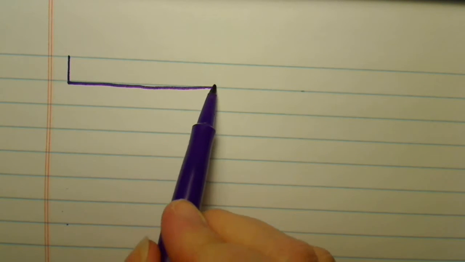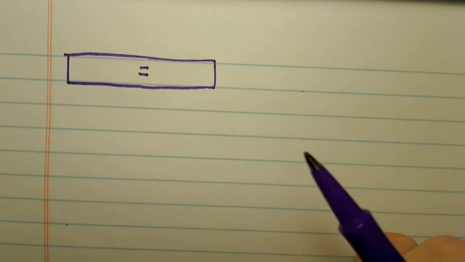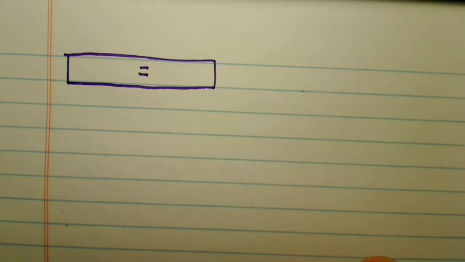So here we go. Let's do an example. We're going to start with an easier example, and then we'll get harder as we go. And the main part of this I want to stress to you. Let's say right here is where I'm going to write the problem. Let's say the problem is written in there, it has an equal sign in it, and you have a variable in there of x.